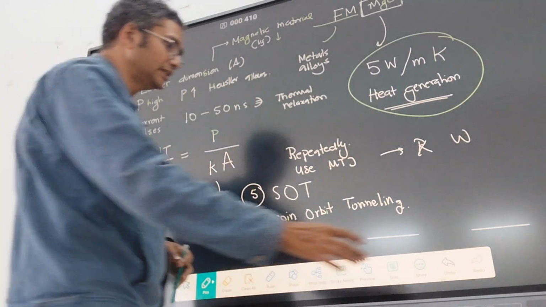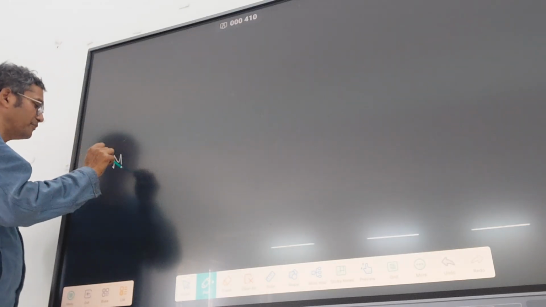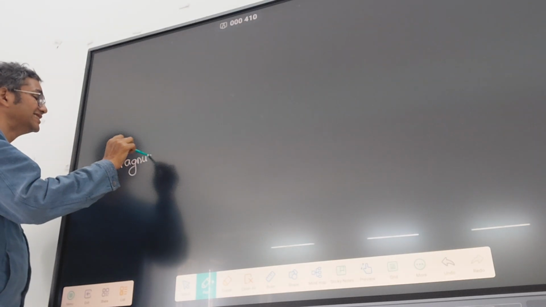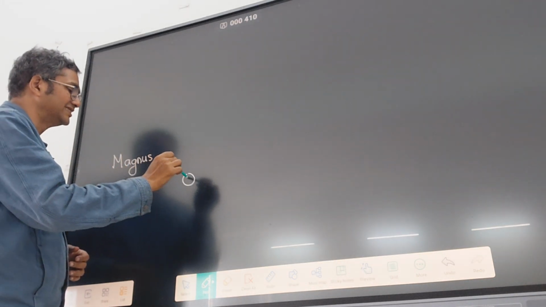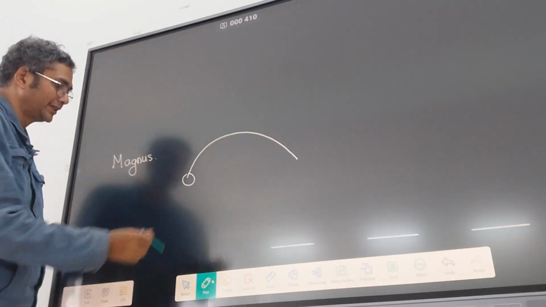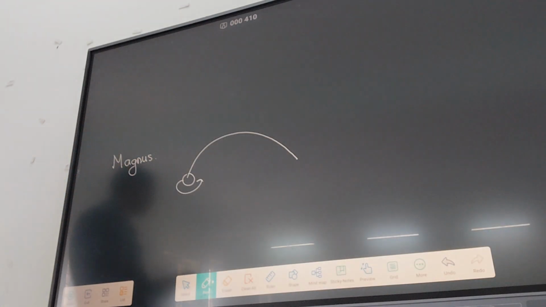you need to understand something called the Magnus effect. In cricket, when we release the ball, if you associate a spin to it, it changes its trajectory.